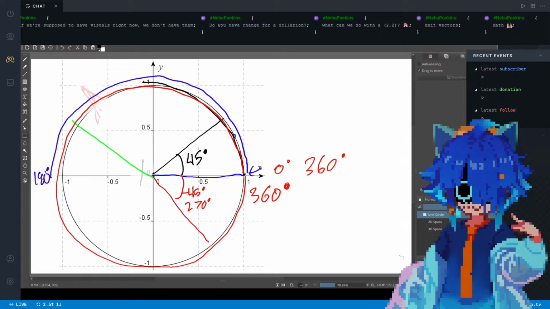So we can measure vectors based on their direction and mapping that direction onto the unit circle, and then figuring out what angle you would need to rotate around the unit circle to get that vector.